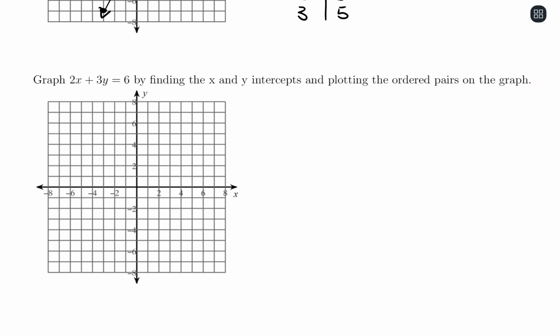Let's talk about x and y intercepts. So x-intercepts, this is where y equals 0. So we're going to find our x-intercept. And then our y-intercept is going to come from where x equals 0. So then we'll find our y-intercept.